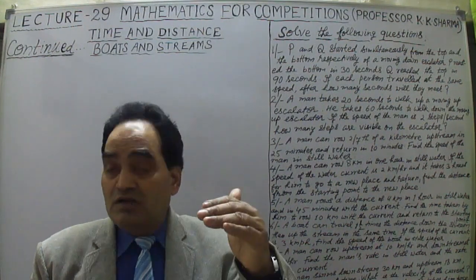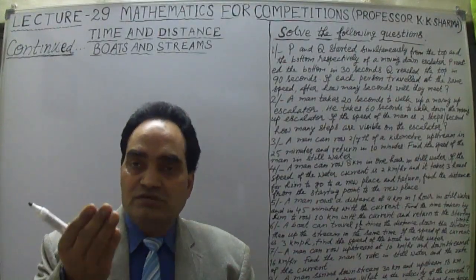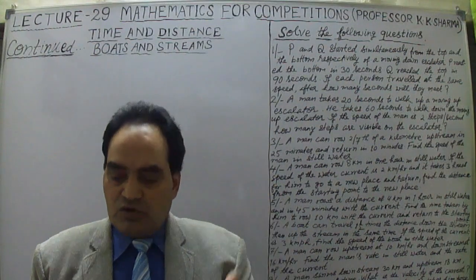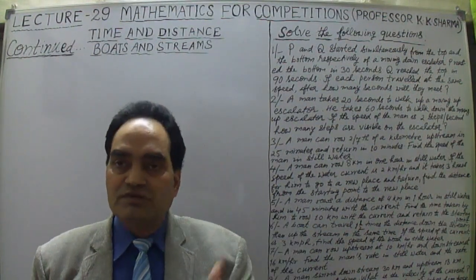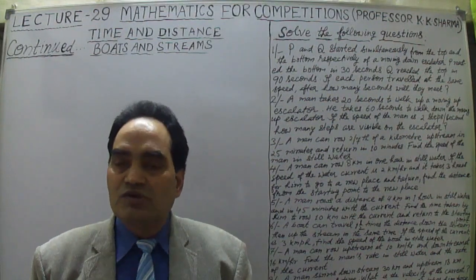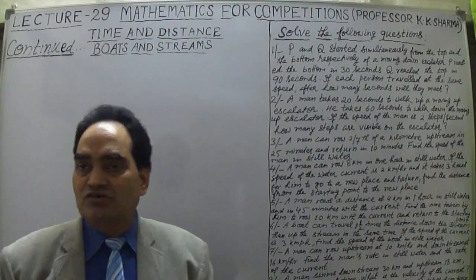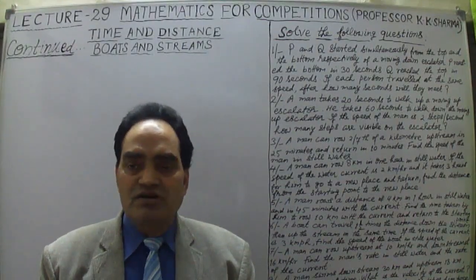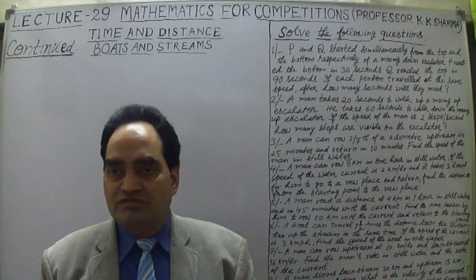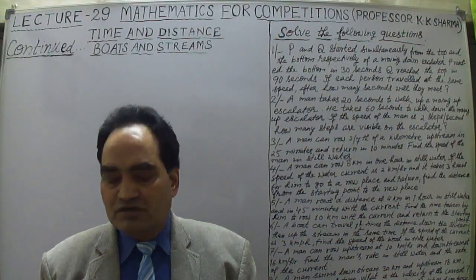Similarly, when the steps are coming downwards and the person is going upwards, it is opposite. If the steps are coming downwards and the person is also coming downwards, that is a downward escalator. In that way, we find the relative or effective speed of the person coming upwards or downwards. We are attempting that kind of question here.